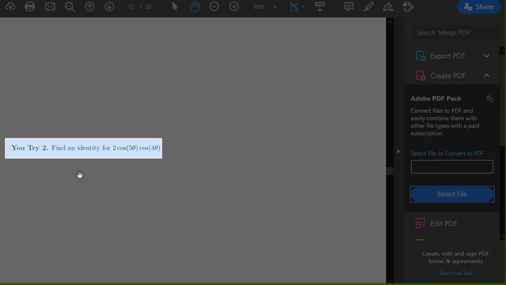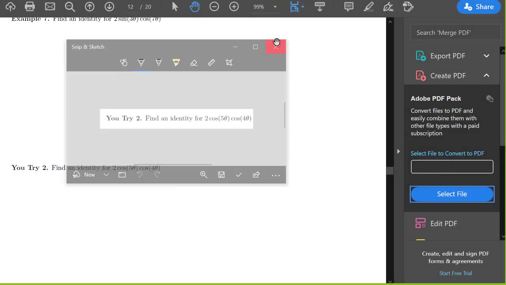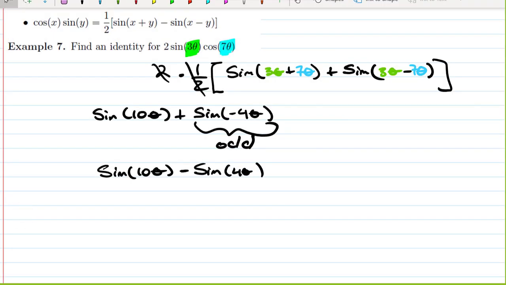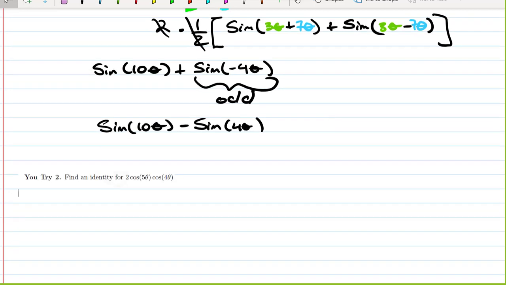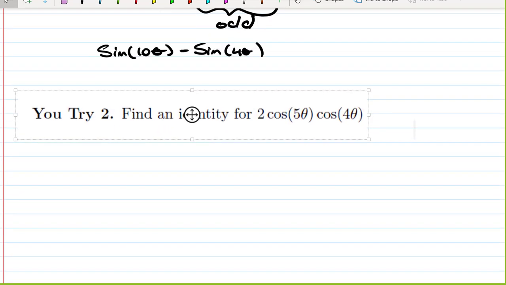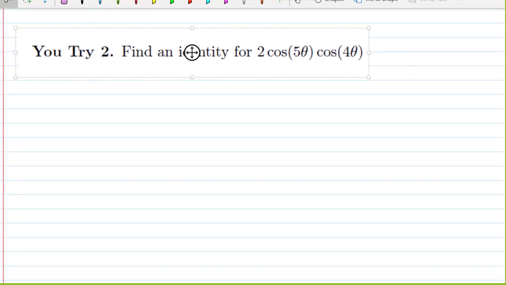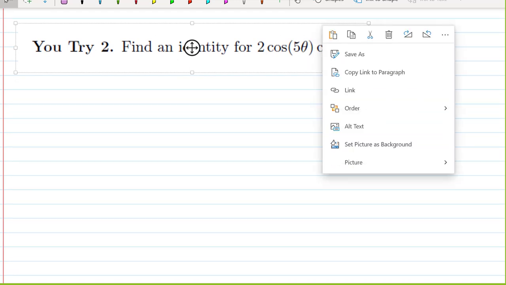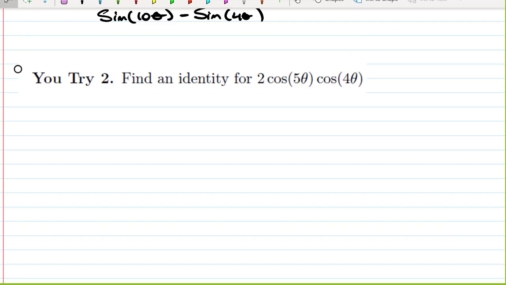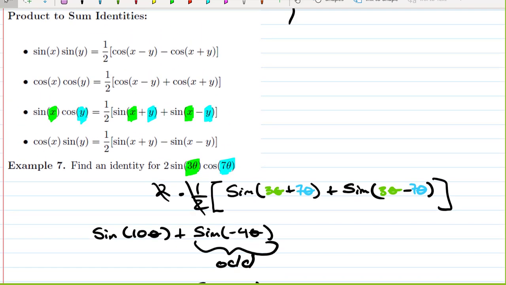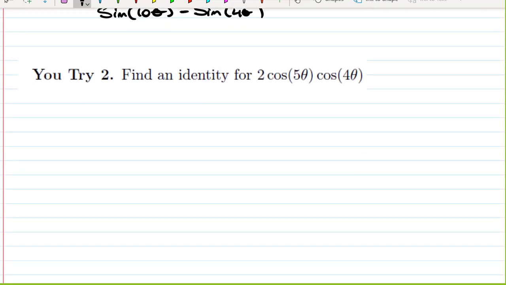All right. So the last one for this section. Here is a U-try for you guys. So let's go ahead and find an identity for 2 times the cosine of 5 theta cosine 4 theta. Alright, so to do this U-try, we just have to identify which one of these it's going to be. And it's going to be the second line because it's cosine times cosine.